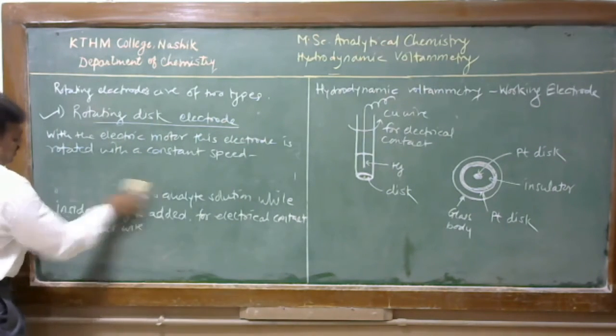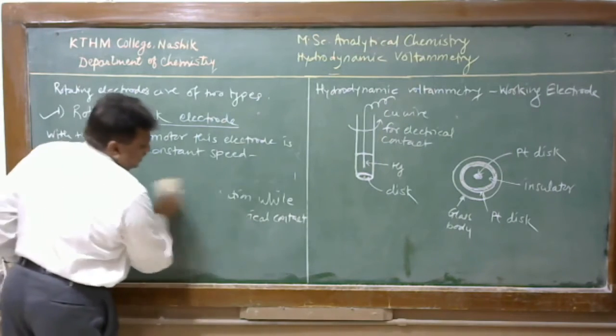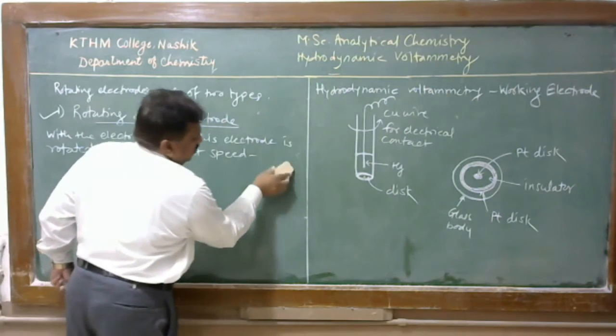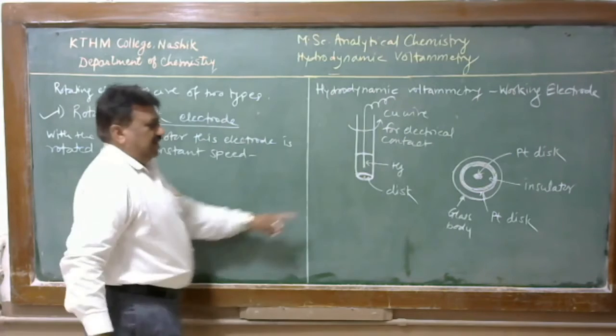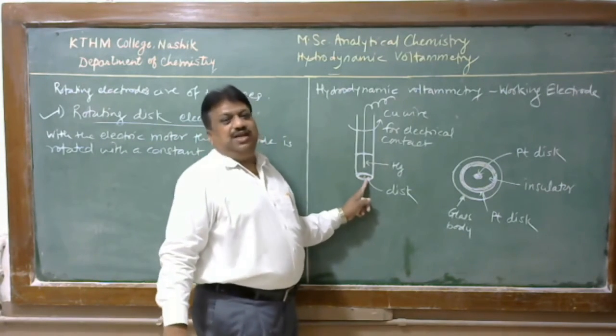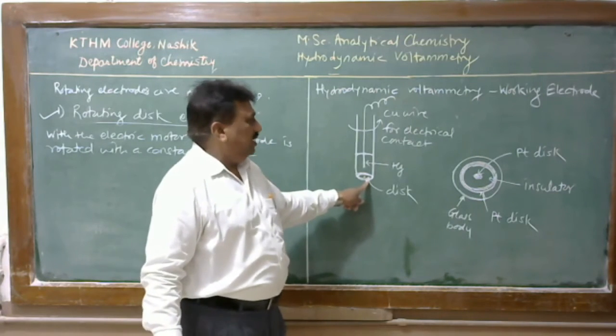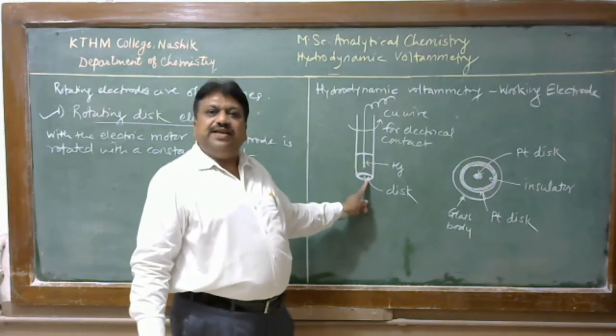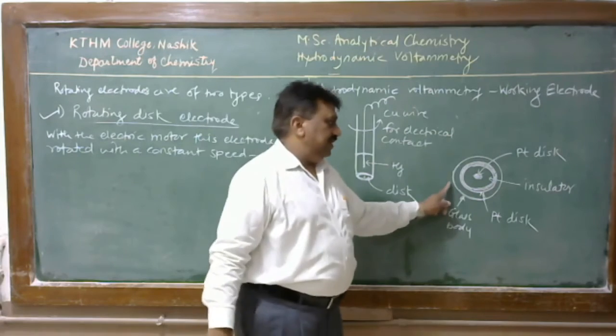In this way, the rotating disc electrode is constructed. It gives the constant surface area, and there is no vibration of ring. Therefore, most of the time the disc electrode is preferred in hydrodynamic voltammetry.